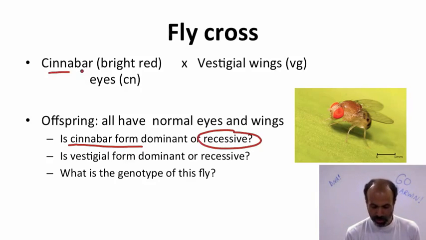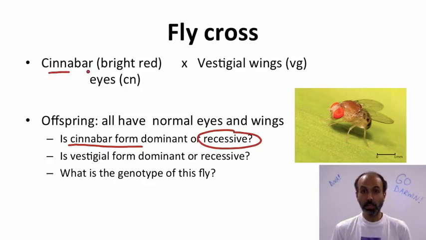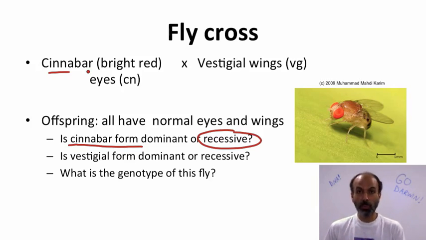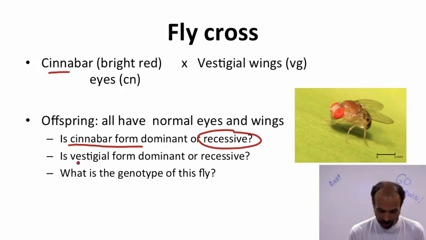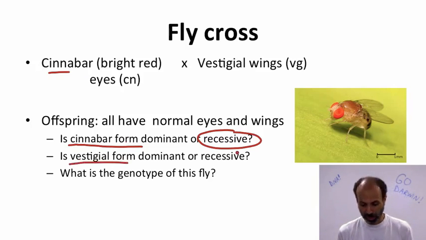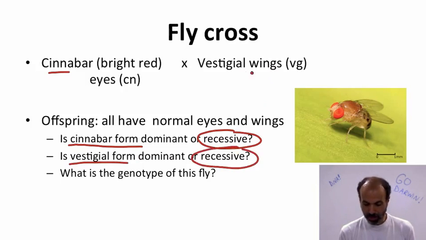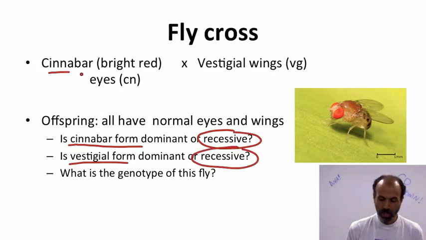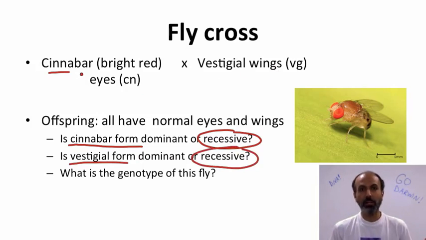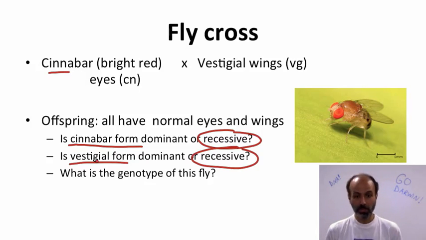Because we crossed a fly that was cinnabar to a fly with normal eyes, and in the end, the flies all had normal eyes. So normal must be dominant, or cinnabar must be recessive. Similarly, vestigial must also be recessive. Because again, we crossed a vestigial winged fly to a normal winged fly, and the offspring all had normal wings. So normal wings is dominant, or the vestigial form is recessive.